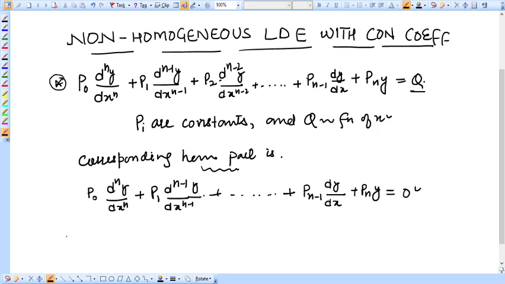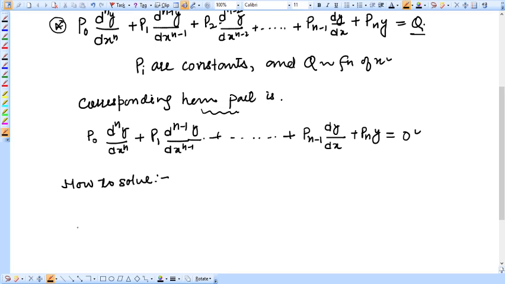How to solve a non-homogeneous differential equation? So, firstly, the first step is you write the equation in the symbolic form.